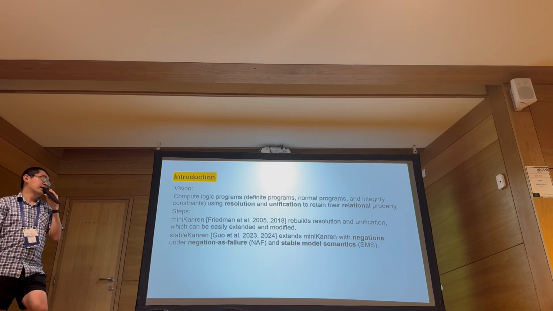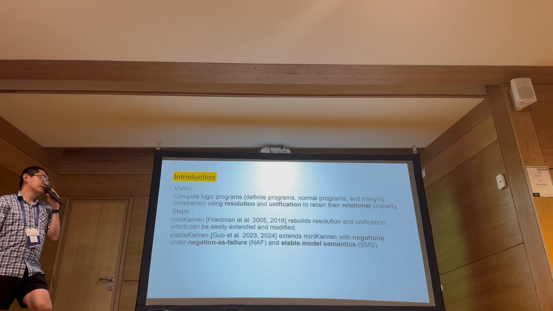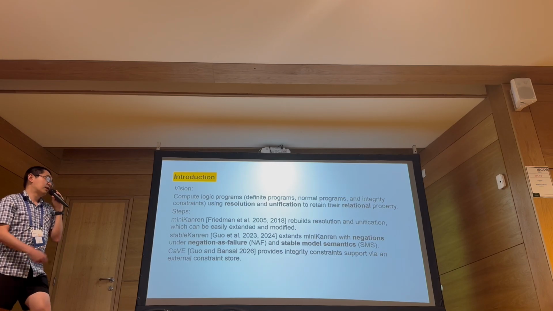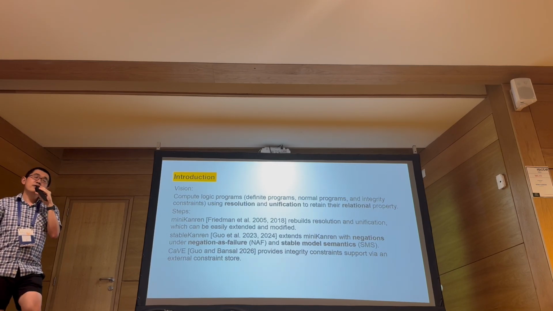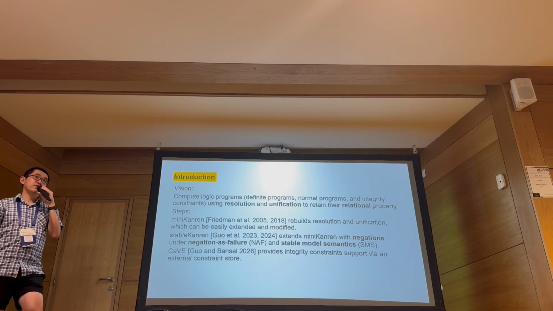Then we have stableKanren, which extends miniKanren with negation operators under negation as failure and the stable model semantics. Now this is our step right now: CaVE. CaVE basically provides integrity constraint support via external constraint stores.